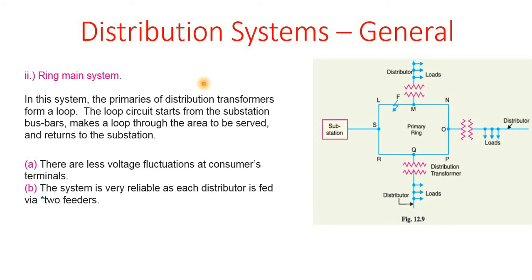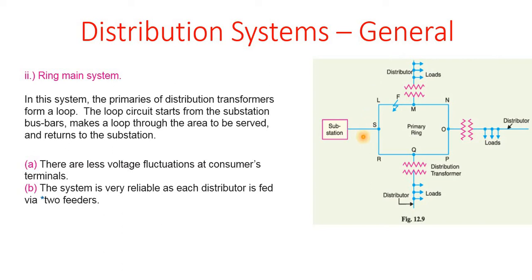The ring main system has certain advantages over the radial system, and it can be described as under. In this system, the primaries of the distribution transformers form a loop. The loop circuit starts from the substation bus bars, makes a loop through the area to be served, and returns to the substation. As shown in this diagram 12.9, here is a substation that is feeding this overall locality.